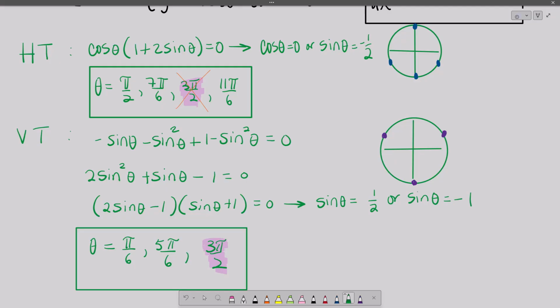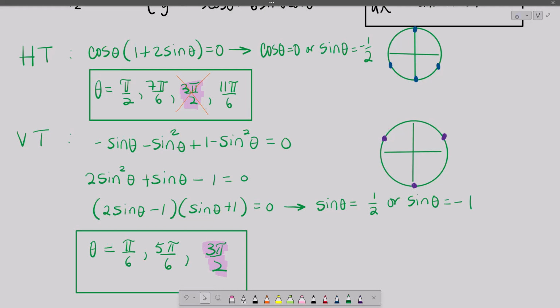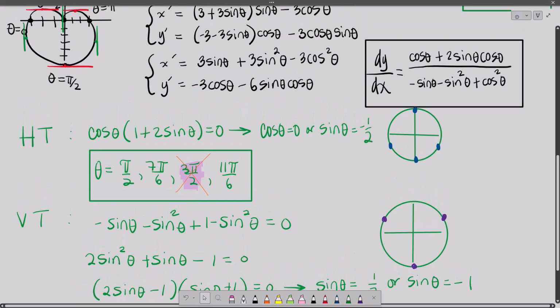Now, if you wanted to do the math, I'm not going to ask you to do the math. We're just going to use common sense and logic and say, oh, there's 3 of each. And if there's 3 of those, then this one must be extraneous up there. The book does go through the process of showing you how to know which one it is. What this is showing us is that at 3 pi over 2, we have an indeterminate form. And so what we have to do, if we were to evaluate it, when we plug in 3 pi over 2, we're getting 0 over 0.